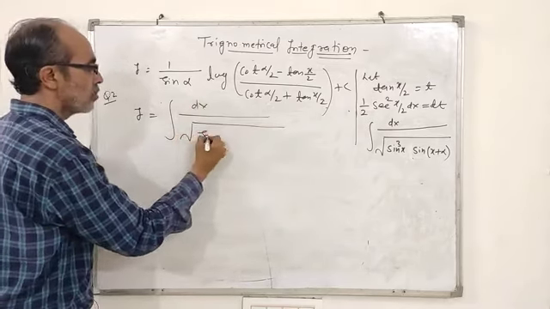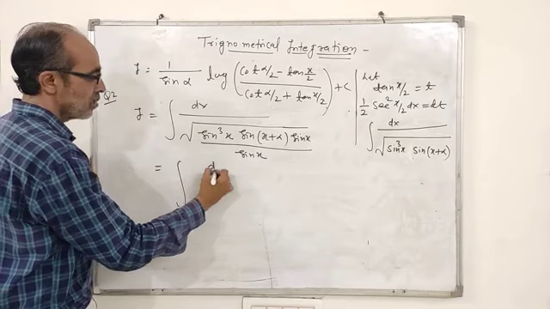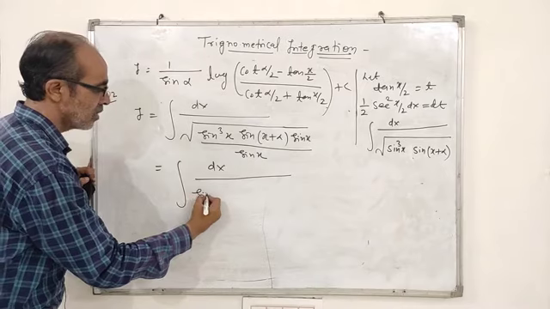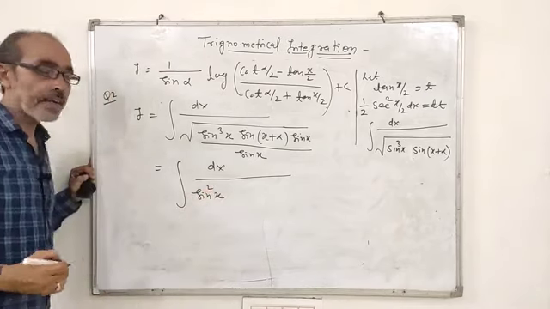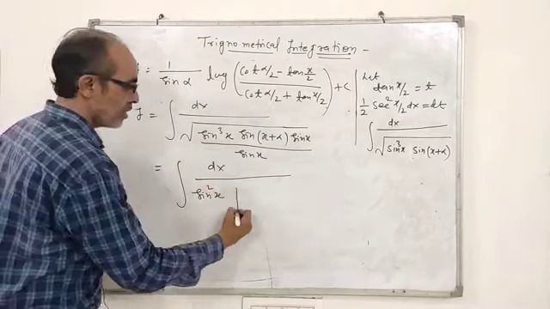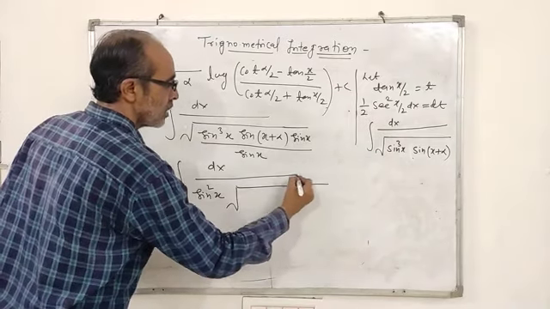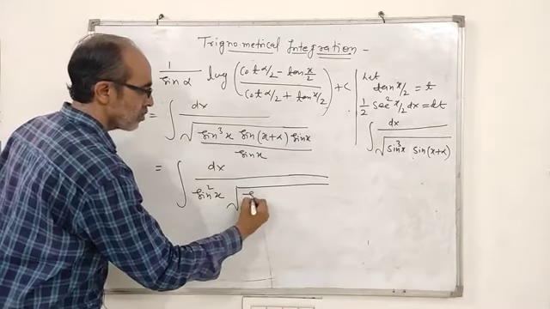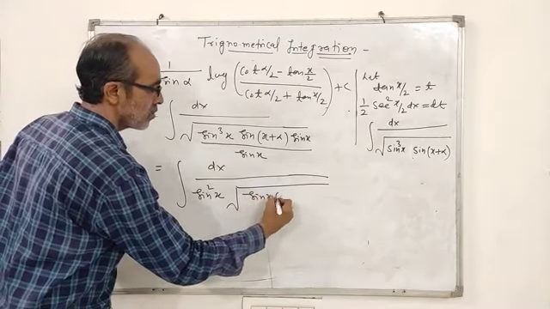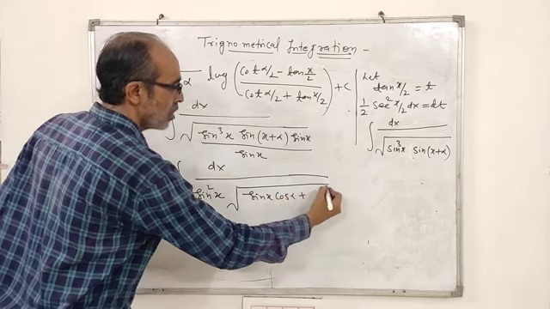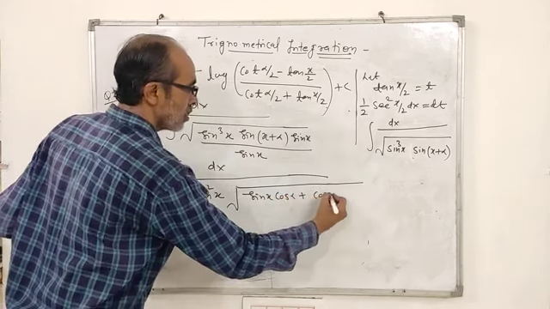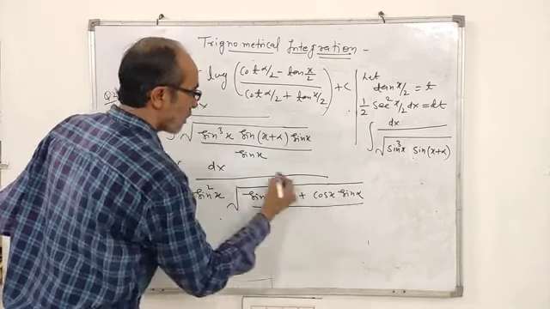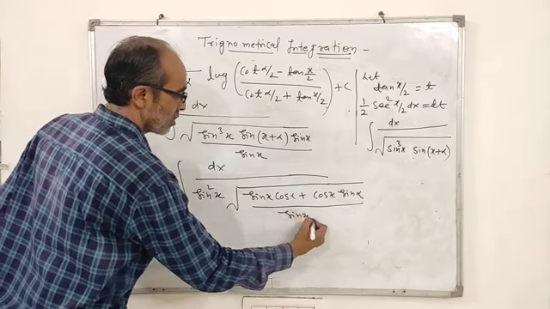So we take dx divided by root of sin 4, which is sin square x, so we write sin square x here, and under it sin (x plus alpha), which is equal to sin x cos alpha plus cos x sin alpha, divided by sin x.